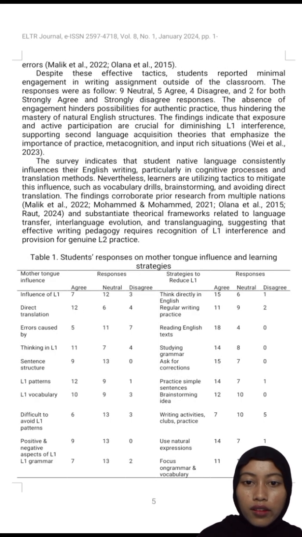Many students still write in their first language when not focused on English, but they also employ strategies to reduce errors. These strategies include thinking in English, practicing writing regularly, reading English materials, brainstorming ideas, and avoiding literal translation.